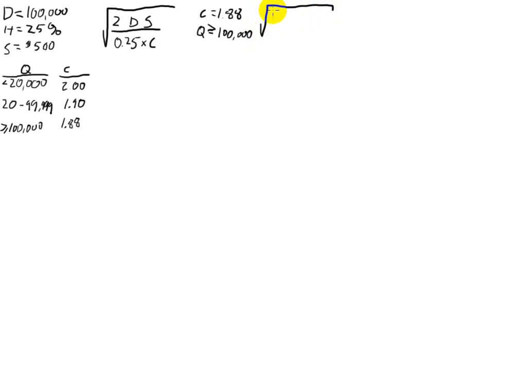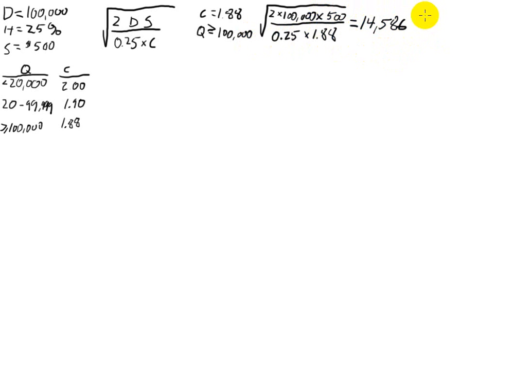We have the square root of 2 times the demand of 100,000 times $500, and then we divide by the holding cost, which in this case is 0.25 times the cost of the item, which is $1.88. If you put that into your calculator, we end up with an answer of 14,586.